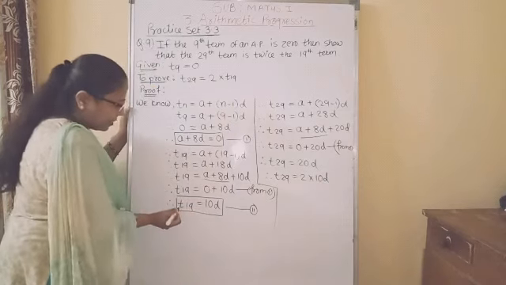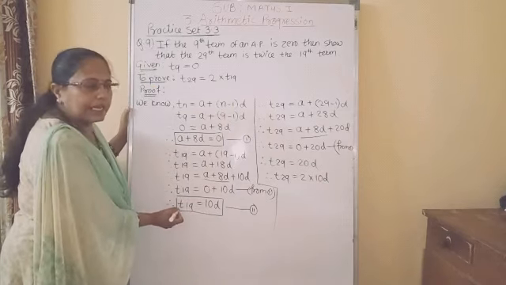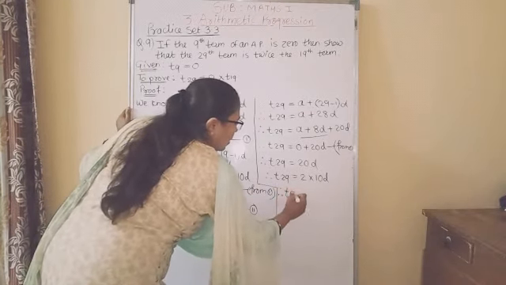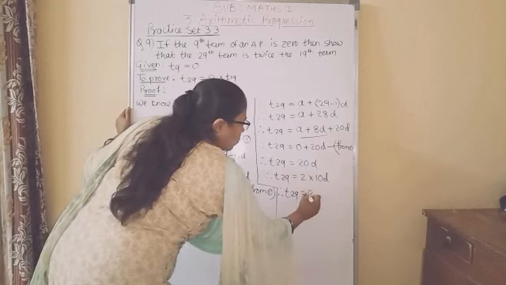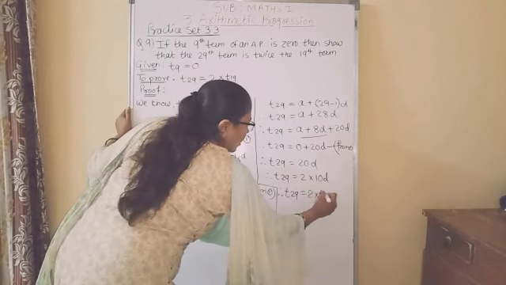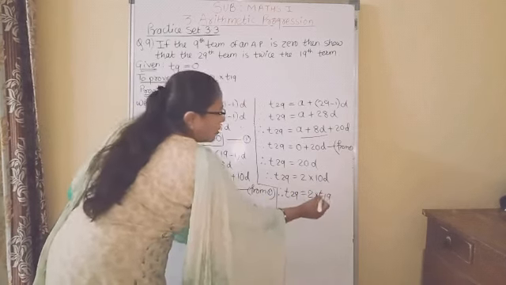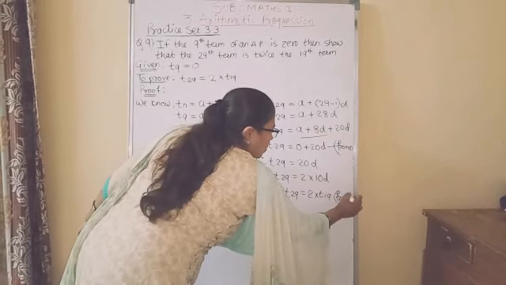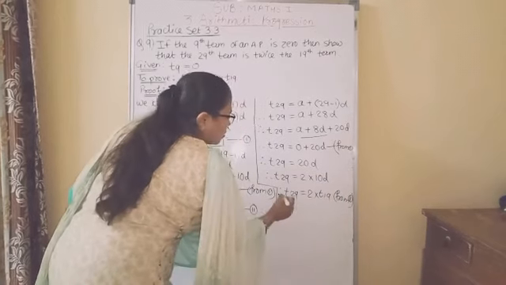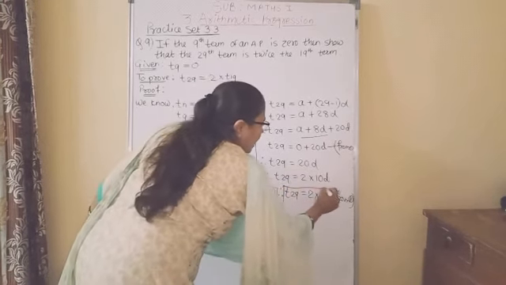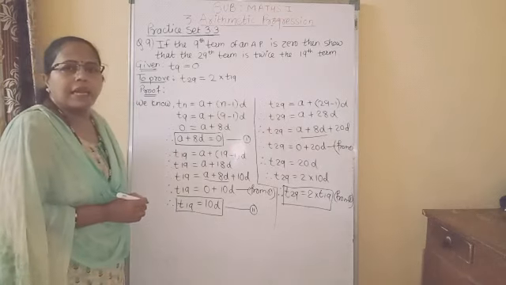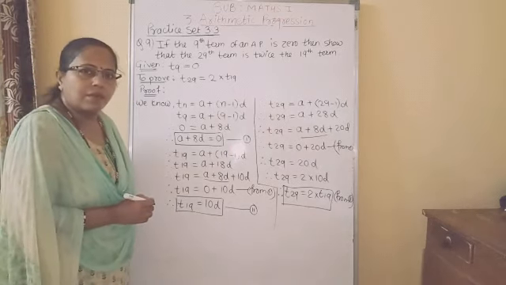And here 10D is equal to T19. Therefore, T29 is equal to 2 into T19. And the reason we will write from 2. So this way we proved the 29th term is twice the 19th term. Followed?